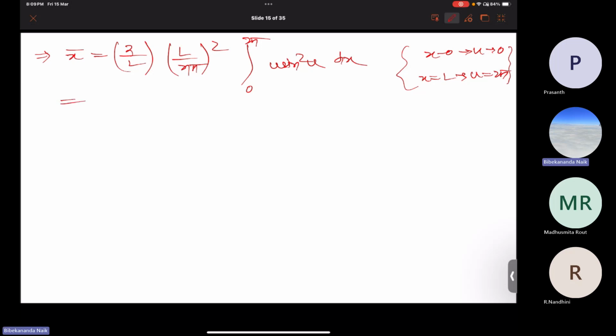So it will be 2L by n pi square, then the integration of u sine square u from 0 to n pi, because n pi x by L is u.